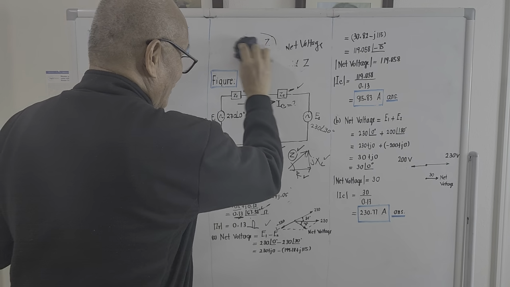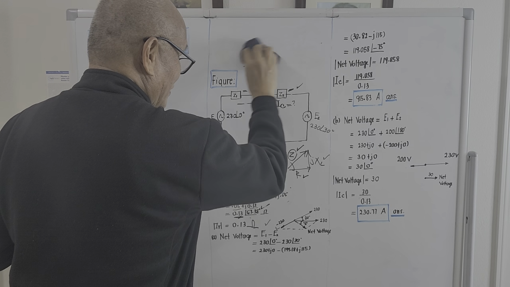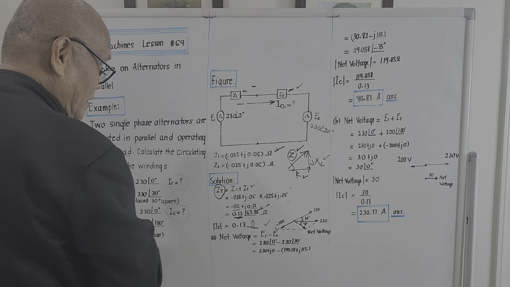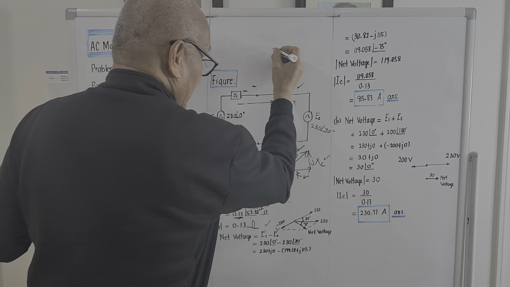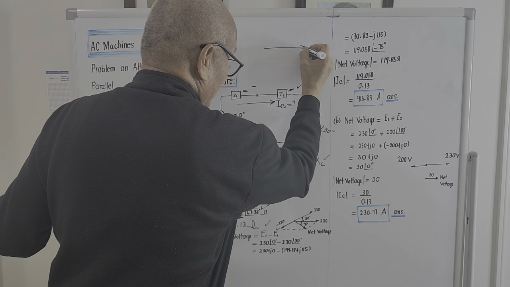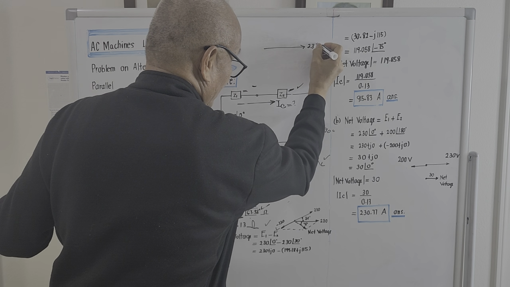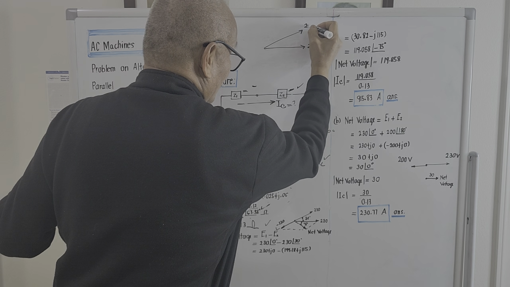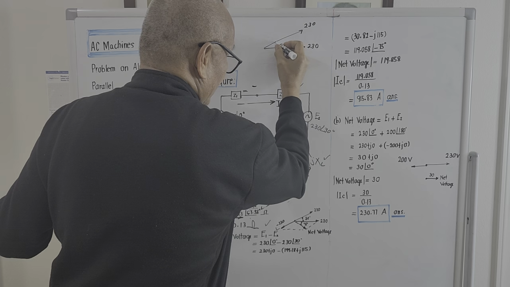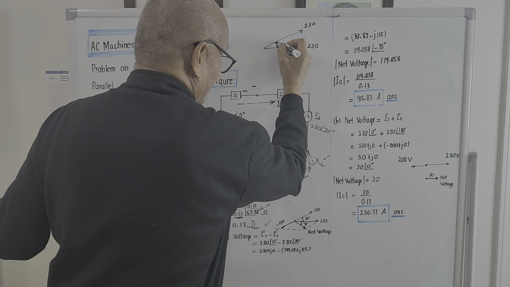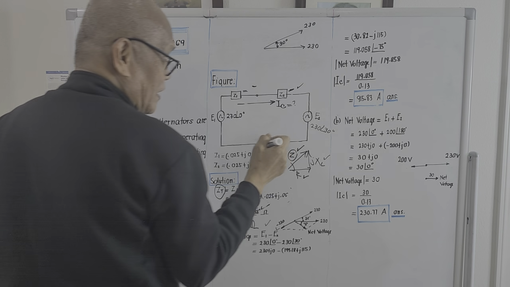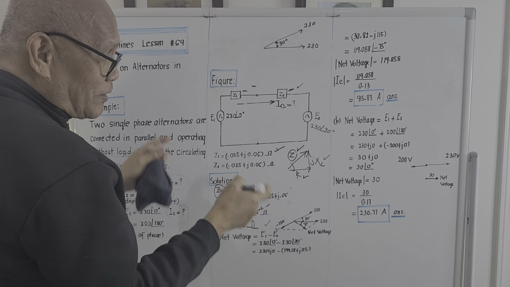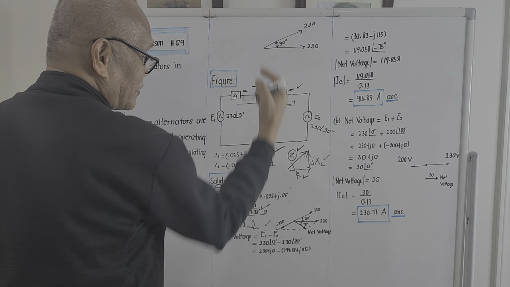It will be something like this. So you could visualize it. My figure is very small. E1 is this one. This is 230. This is E2. This is also 230, but this is with an angle of 30 degrees. They are out of phase. The angle between E1 and E2 is 30 degrees.